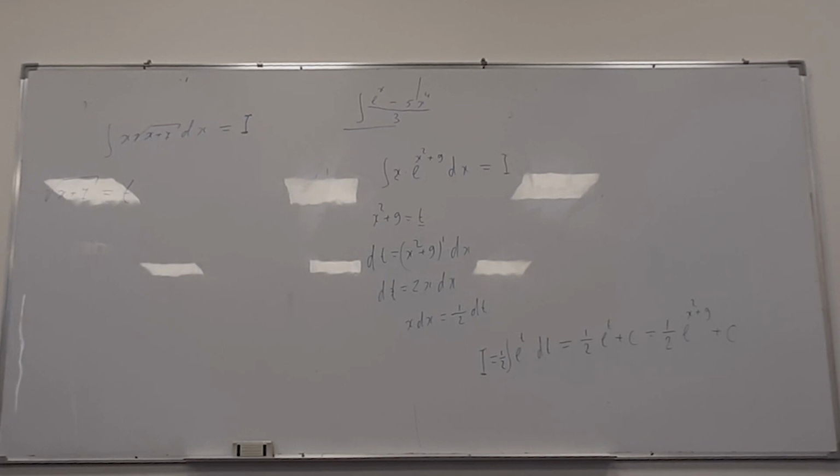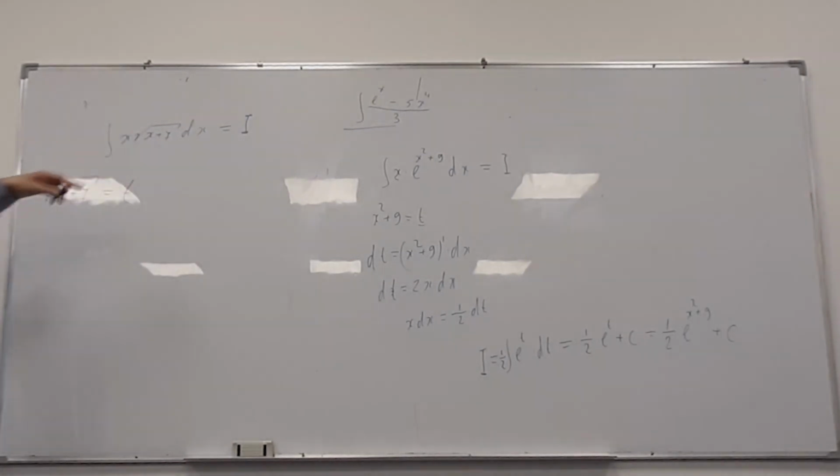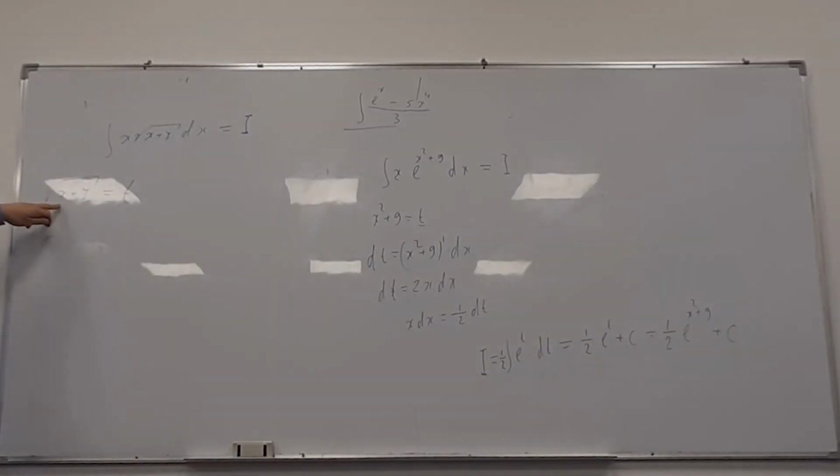And what do we need now? We need now to find dx. And to find dx, we have to solve for x. Yes, absolutely. And from here, x plus 7 is going to be t squared, and x equals t squared minus 7. And I will find dx from here.